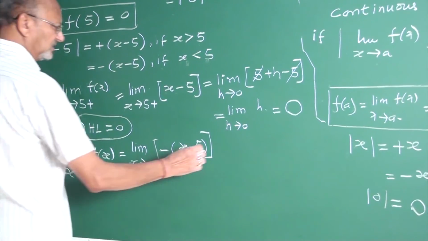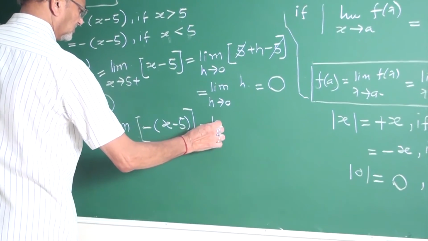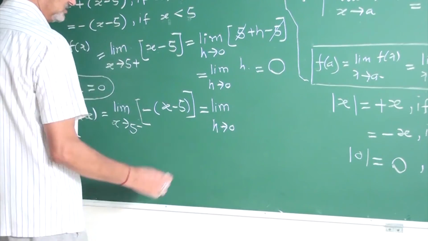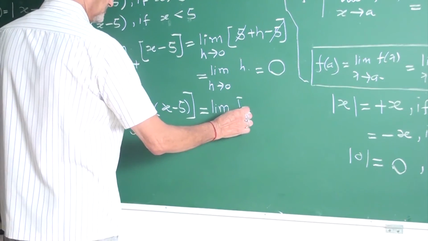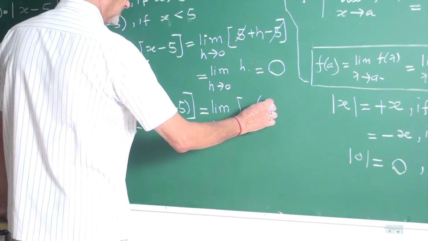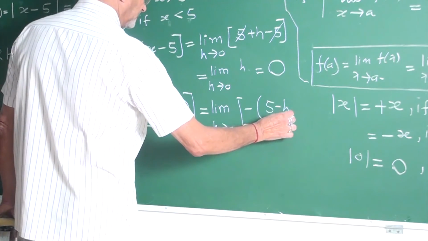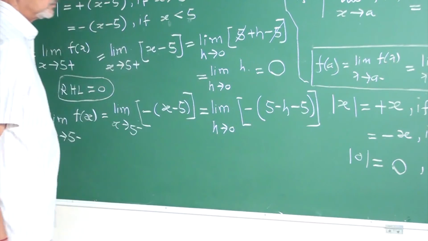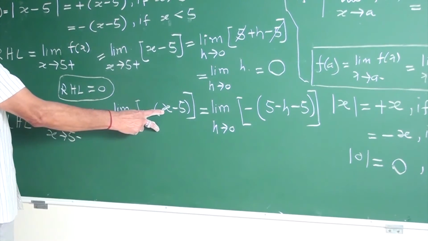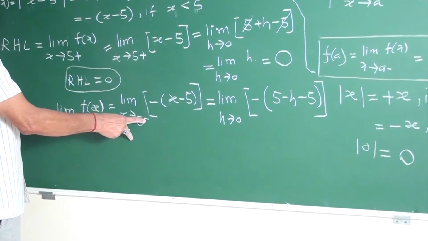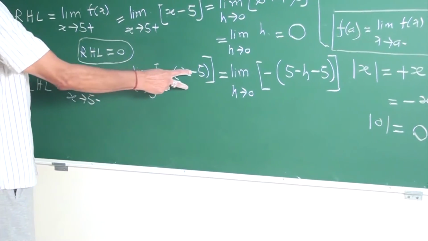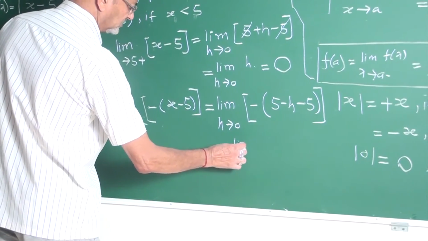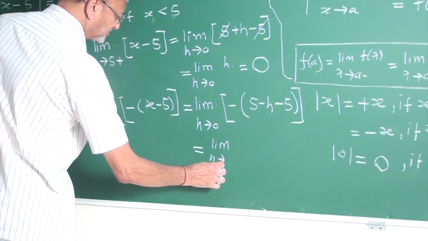Same, next. Replace your x. Limit as h tends to 0. Write it as it is. Minus, what is inside? It is 5 minus h minus 5. Yes, my friend, you have to replace this x by 5 minus h, this minus 5.